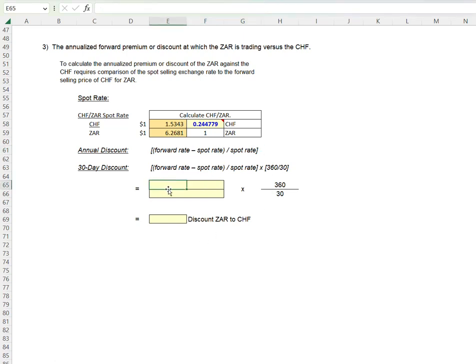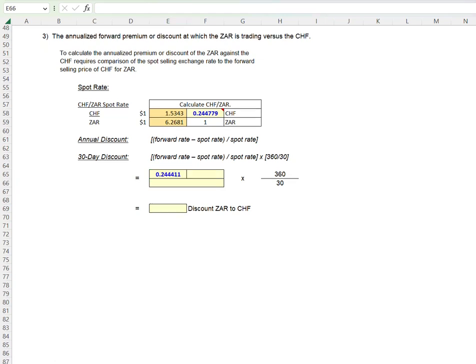So let's pick up those forward rates. Our forward rate from above was 0.24441 CHF per ZAR, and our spot rate we've just calculated at 0.24479. And we want to subtract that, so make sure we put a negative sign in front of it.